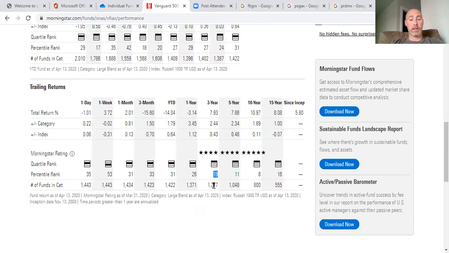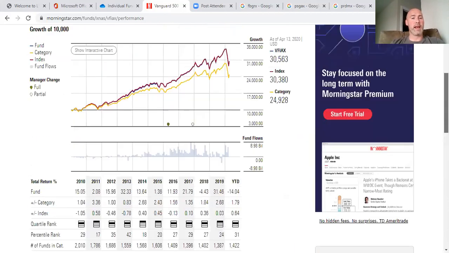If I'm looking at the 5-year rate of return, all the way down here, number of funds in the category, there's over 1,000 mutual funds that fit this category. Remember we said mid cap, small cap, large cap? Well, there's over 1,000 in this category, and this ranked in the top 11% of those 1,000 mutual funds based off of performance. So I like to also look at what percentile this mutual fund ranks in at.